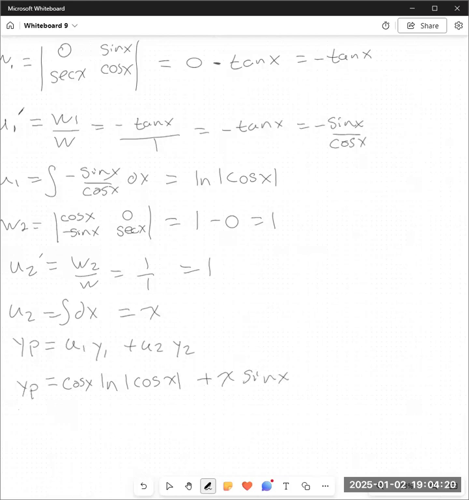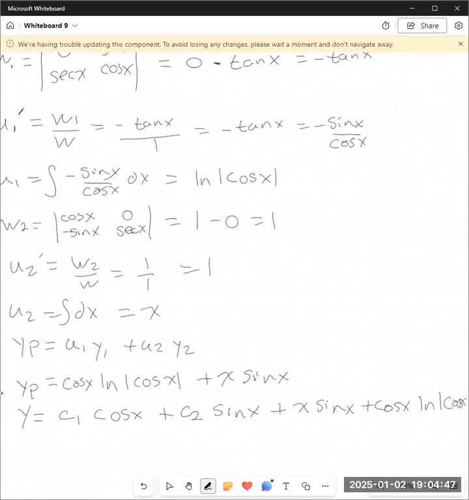So that gives me y equals c1 cosine x plus c2 sine x plus x sine x plus cosine x times ln of the absolute value of cosine x.